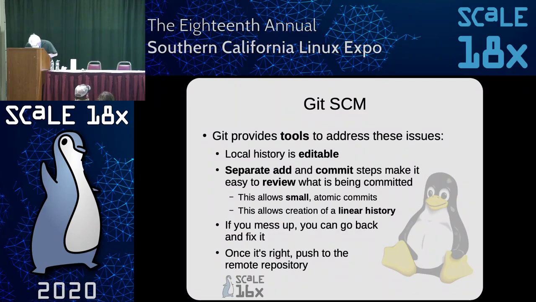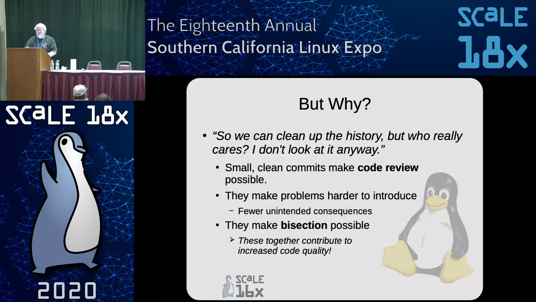That means it's easy to review what's being committed before you actually commit it. This means you can do small atomic commits, and it means it's easy to create a linear history, where one commit doesn't depend on a future commit. And if you mess up, you can go back and fix it. And once you're satisfied that it's all right, then you push it off to the remote repository.